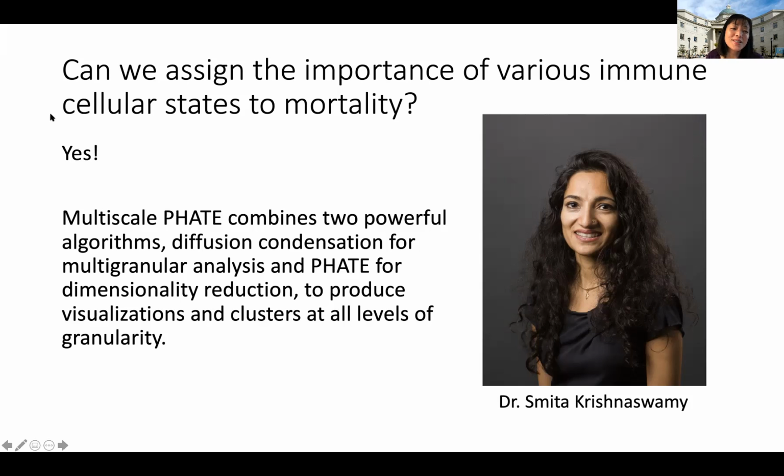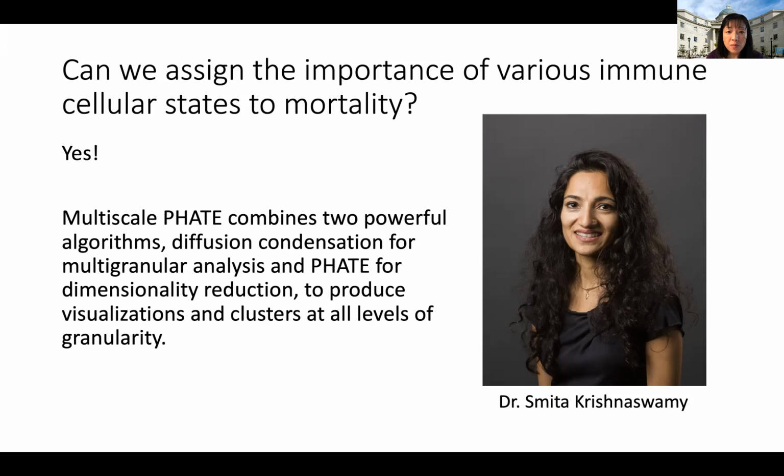And so she said, yes, we can use this new tool that her lab created, which is called multi-scale PHATE, where she can combine 2 powerful algorithms, diffusion condensation for multigranular analysis and PHATE for dimensional reduction, to produce visualization of different clusters on all levels of granularity. This is really amazing. You would have to refer to her for how she does this, but as a biologist, we really benefited from this multi-scale PHATE analysis.